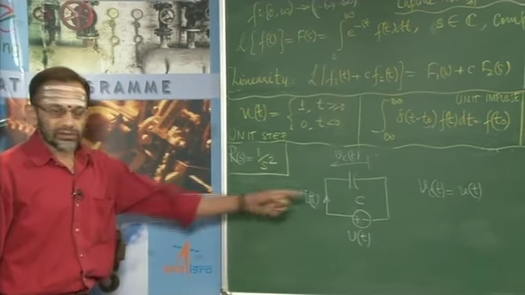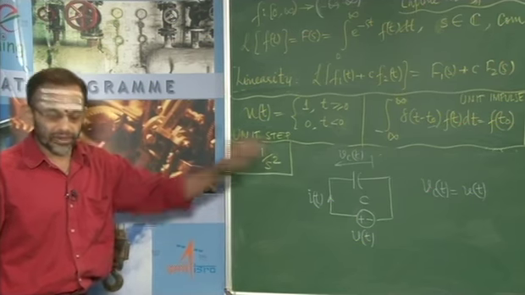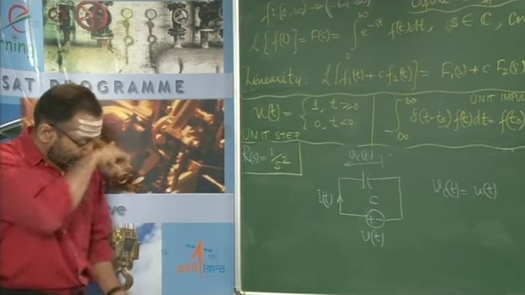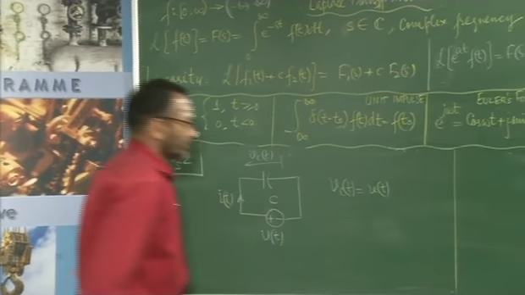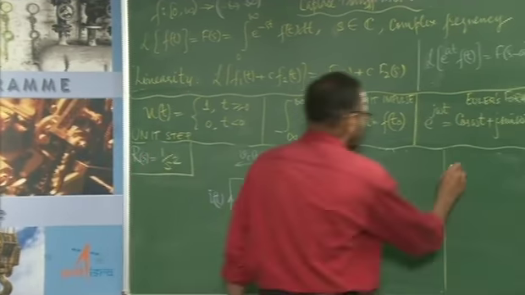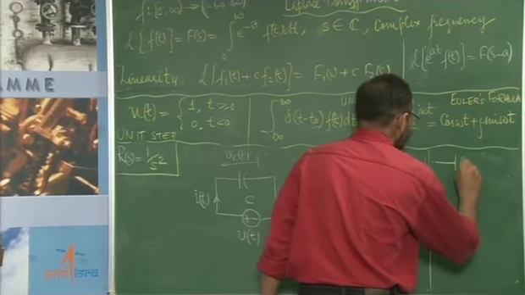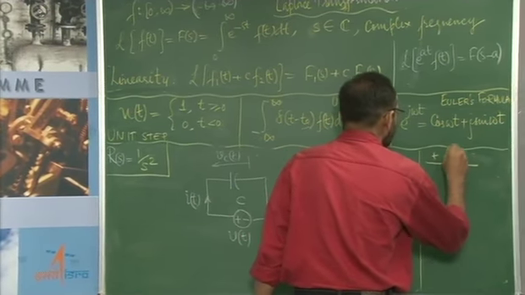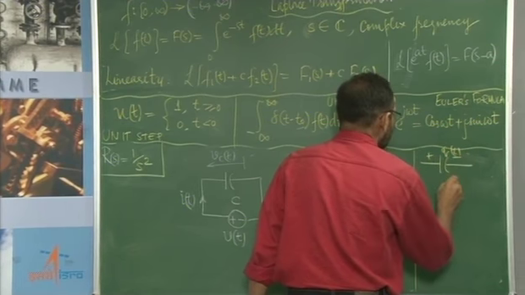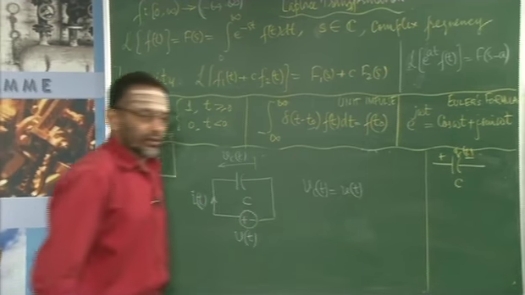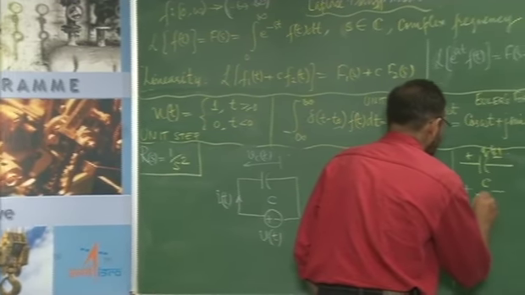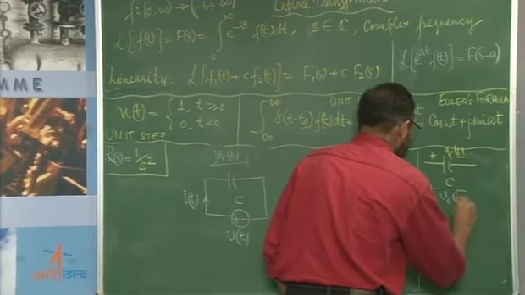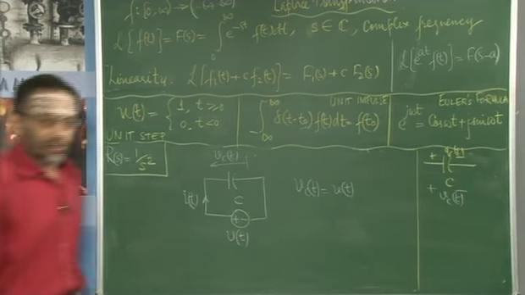Now, let us arrive at what is the precise way of writing this, because there is usually a misconception in how this has to be expressed. For instance, this is the polarity of the charge q of t on a capacitor C. If that is the case, then the voltage of the capacitor V c of t will also have the same polarity.